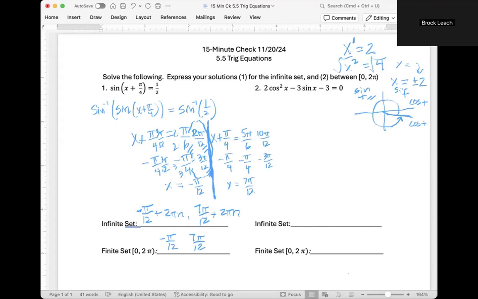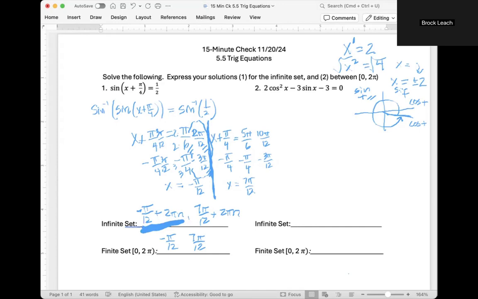But because I did the book's way, I also tried to solve for the other set, which would be x equals pi minus negative pi over 12, which would be pi plus pi over 12 plus 2 pi n. And I got x equals 13 pi over 12 plus 2 pi n. I got the first part, negative pi over 12, but I didn't get the second one right. I got 13 pi over 12.